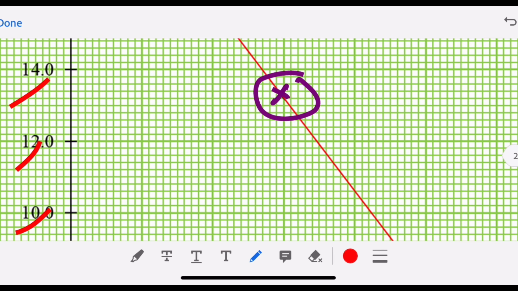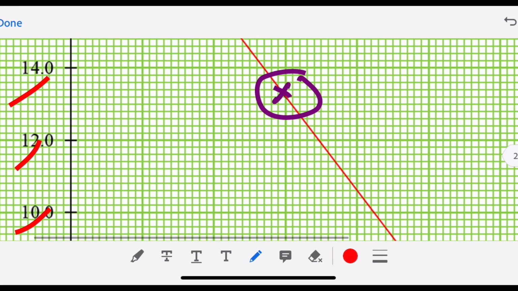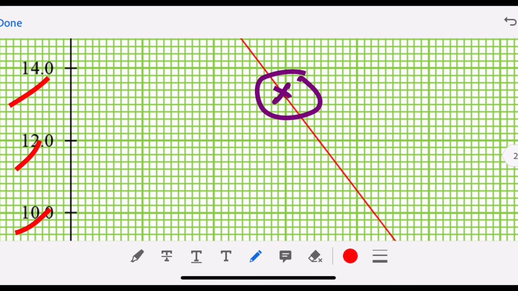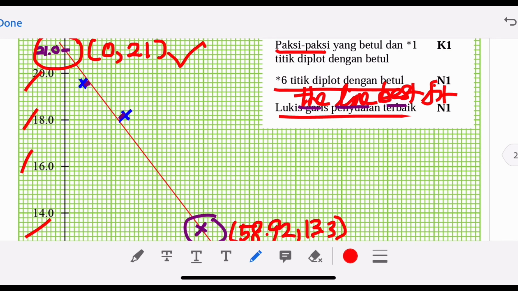So maybe we try to find the gradient from the graph. This point is at 13.3, right? This is 58.92, and then 13.3. So you need to find the gradient by using these 2 points, this one and this one.